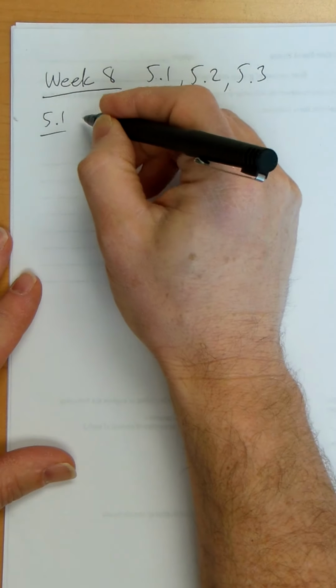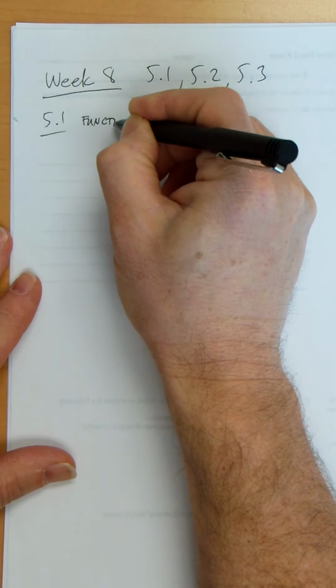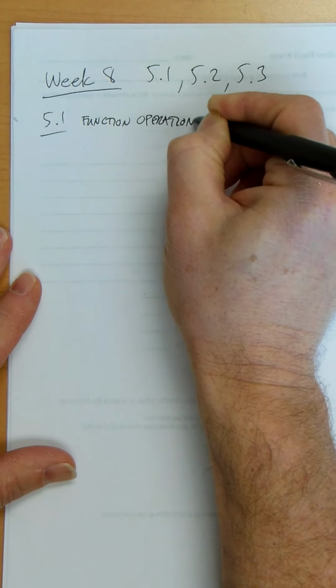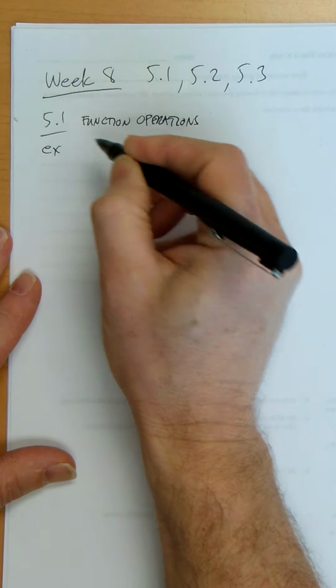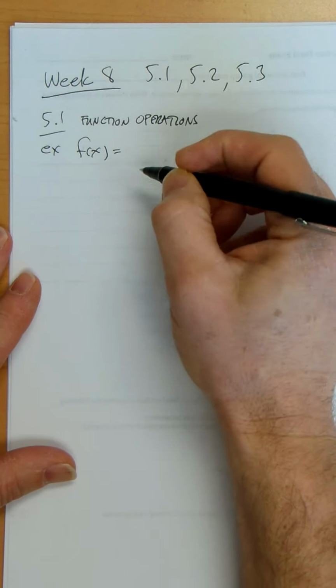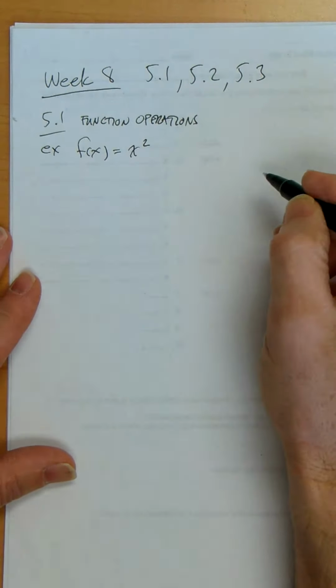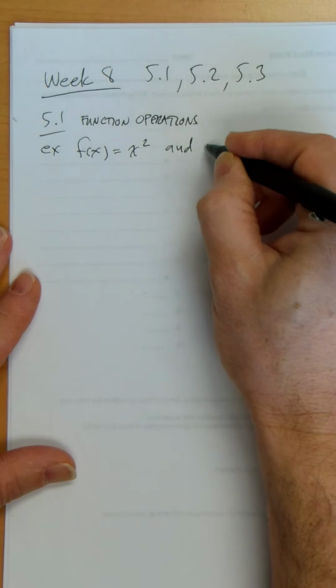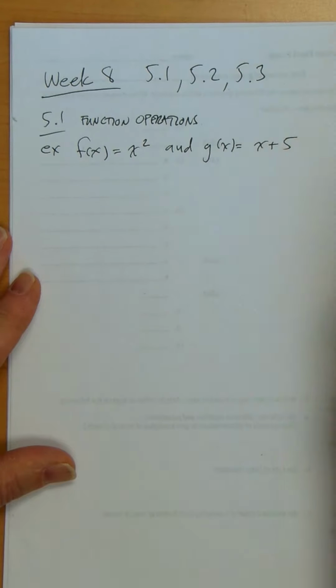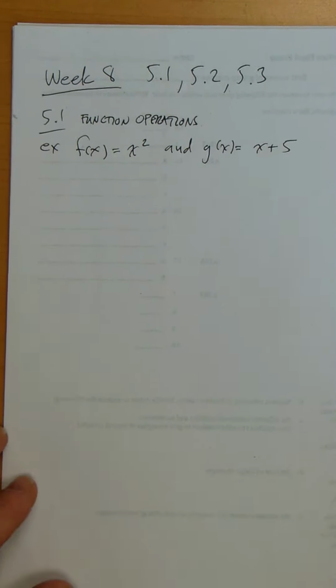Launching right into this, 5.1 has some material on function operations. If I give you an example, like two functions, f of x equals x squared, a simple parabola, and g of x equals x plus 5, a basic line of slope 1 shifted up 5 units.